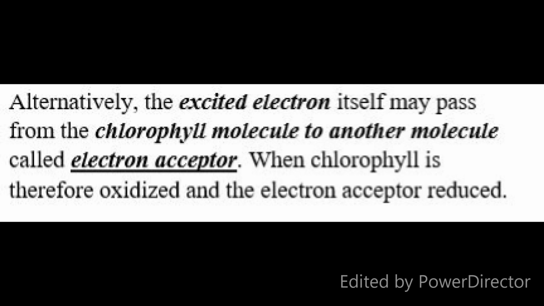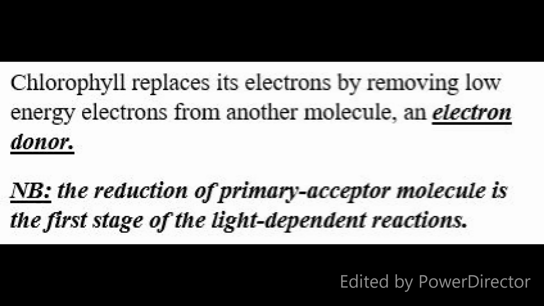Chlorophyll is therefore oxidized and the electron acceptor reduced. Chlorophyll replaces its electrons by removing lower energy electrons from another molecule, the electron donor. The reduction of the primary acceptor molecule is the first stage of the light-dependent reaction.